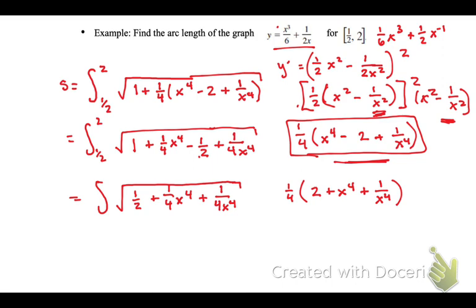Well, okay, so I'm just doing clues, right? If x to the 4th minus 2 plus 1/x to the 4th came from x squared minus 1/x squared quantity squared, wouldn't this be the same thing? But with a plus? Yes?